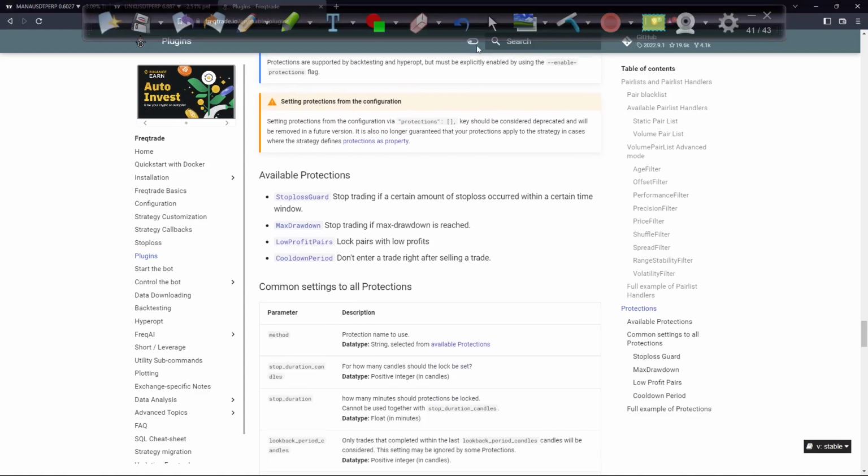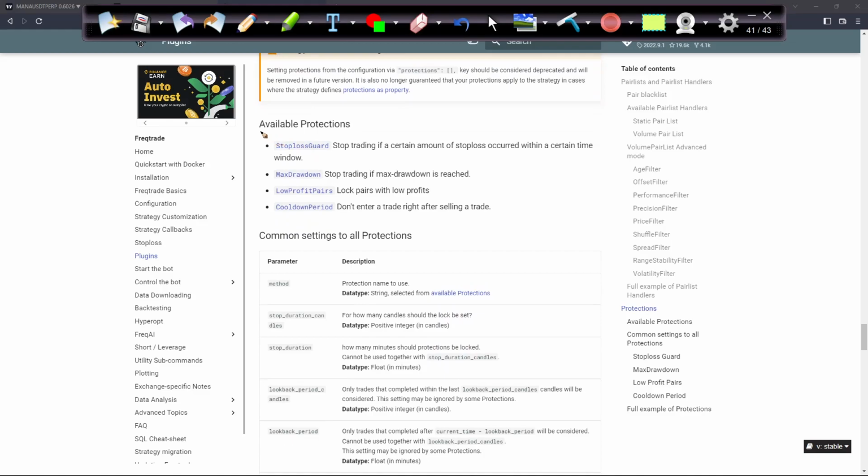Okay, so let's move on. We have the available protections here, starting with Stop Loss Guard. What it does is stop trading if a certain number of stop losses occurred within a certain time window.